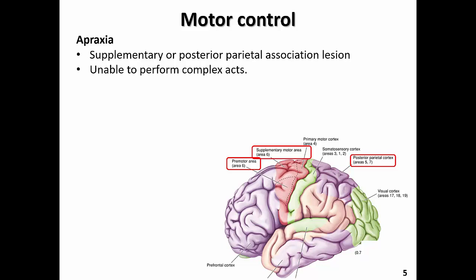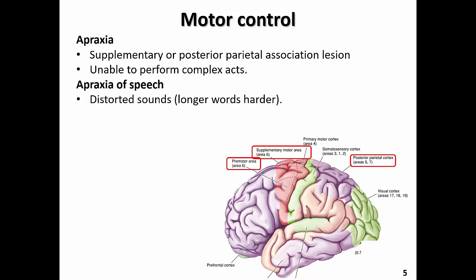So in terms of speech apraxia, the manifestation of that is the inefficient and inaccurate activation of muscles that will produce speech. So that will result in distorted sounds if there are lesions in that supplementary or the posterior parietal sensory areas. So for longer words, the need to contract muscles for a slightly longer period of time would be harder to pronounce.